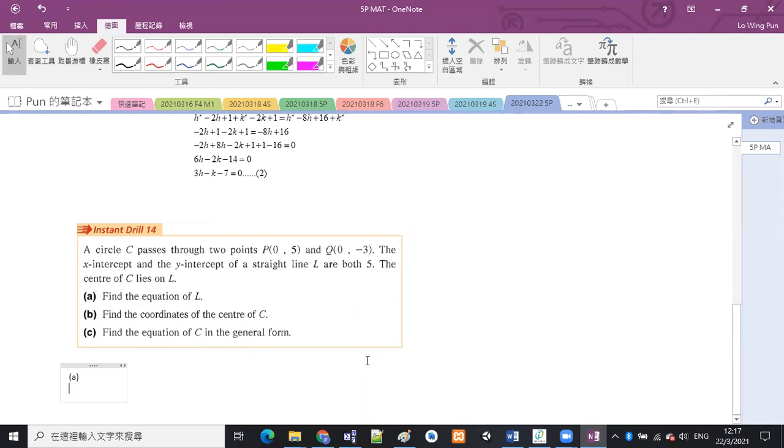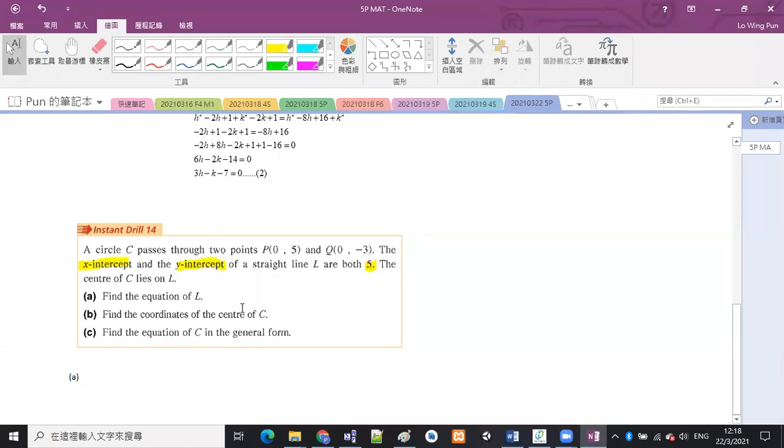Okay, so L is a straight line and C is the circle. The question asks us to find the equation of L, that is the equation of the straight line. So what do we have about the equation of the straight line L? We have x-intercept being 5 and y-intercept also equal to 5. Okay?